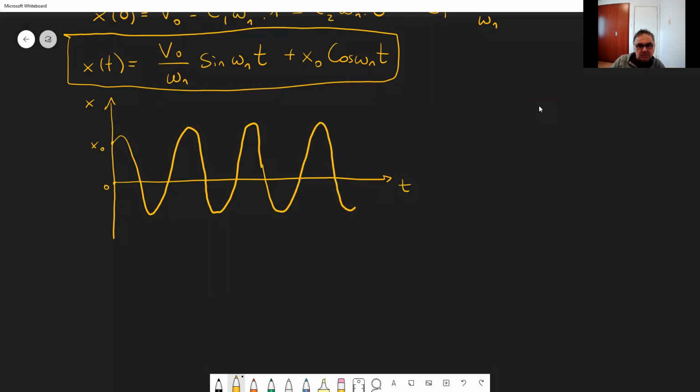Excuse my drawing, it's not very good. Here, the initial slope equals V0.